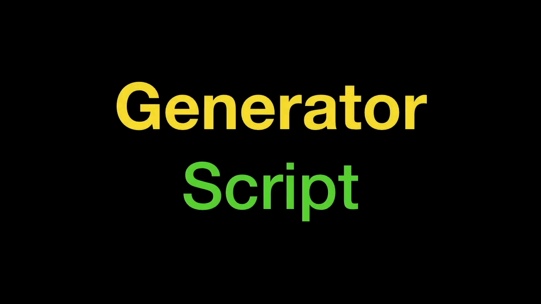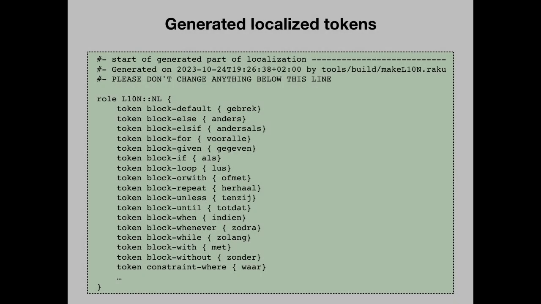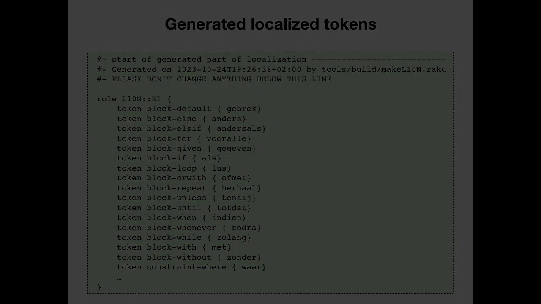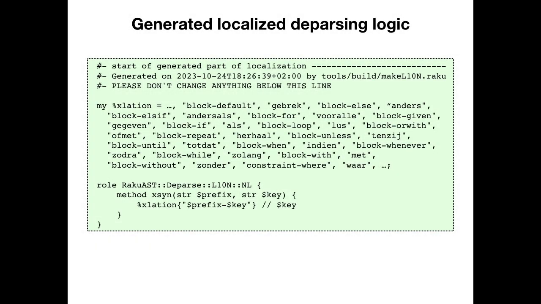So what else do we need? A generator script. The generator script takes the translation database and creates roles for it. And it also handles the deep parsing logic, which basically is a big hash for lookups that translates things to something else.